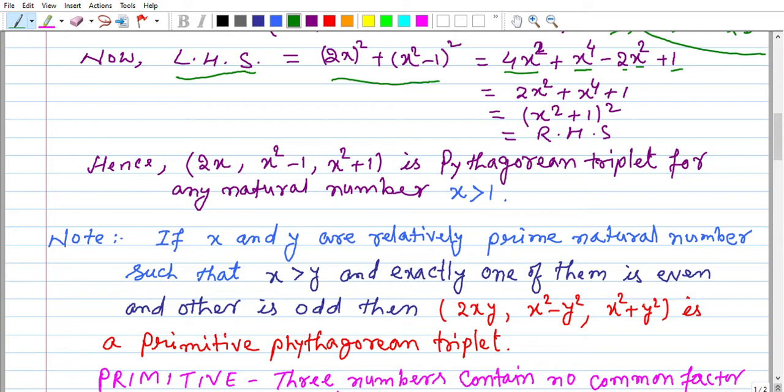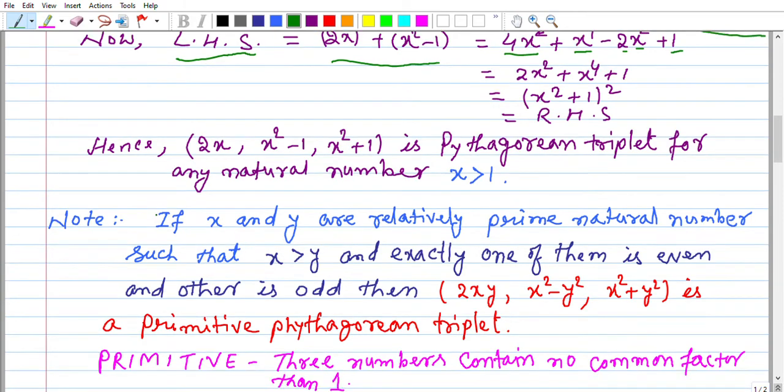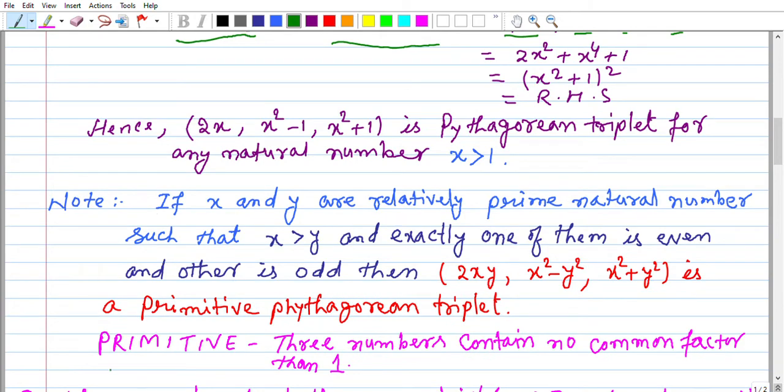The word primitive I used at the starting of this session. What do we mean by primitive? Primitive means three numbers contain no common factor other than 1.